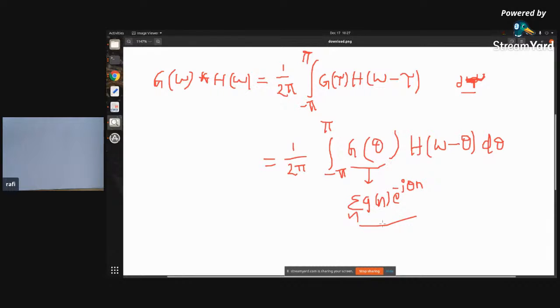Substitute this here and rearrange the terms. Take the n terms aside and the theta terms, and use the frequency shifting property to get the inverse DTFT of H of omega minus theta as h of n into e power j theta n. Like that you will finally get g of n into h of n.